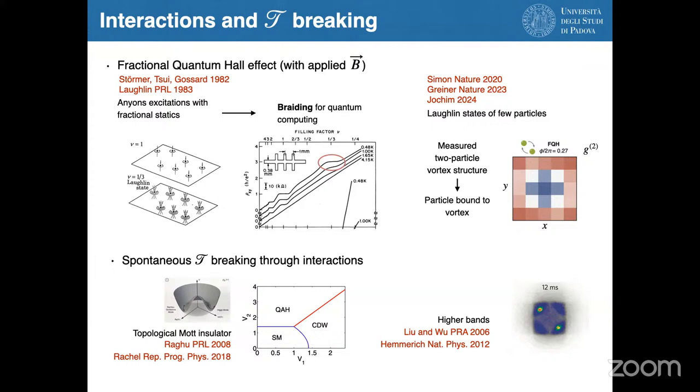For example, the occurrence of a quantum Hall effect, anomalous quantum Hall effect, caused by symmetry breaking and interactions. And in cold atoms, we actually have examples of spontaneous time reversal symmetry breaking phenomena when we look at physics in higher bands. Then this will be, let's say, the focus, with the goal of ending up here at some point in the future.